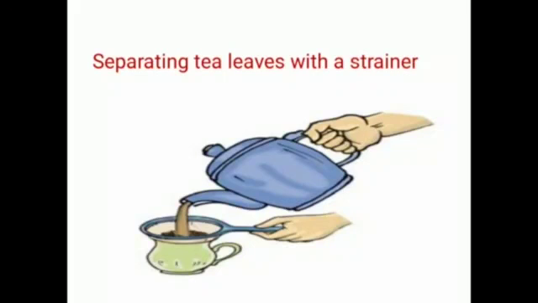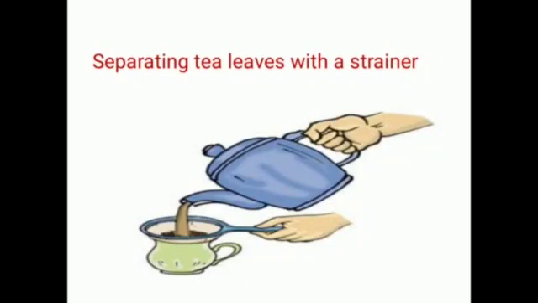See, separating tea leaves with a strainer. When we prepare tea, what do we do? Generally we mix milk, water, sugar, tea leaves, everything, and after boiling we strain the tea leaves from the prepared tea. Why? Because tea leaves are unwanted things, impurities, and generally we throw them away. So we need to separate them before drinking.